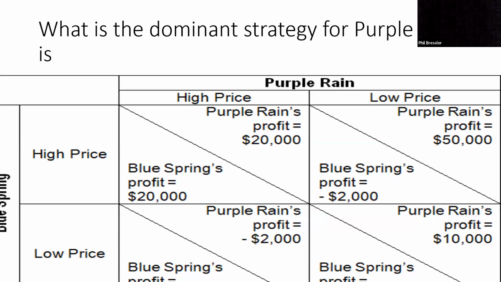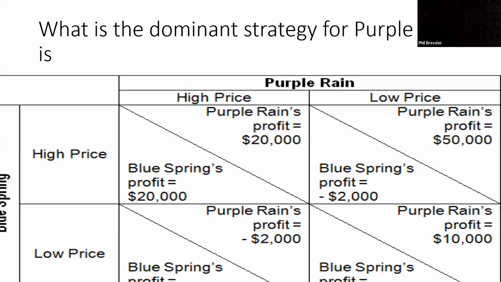Okay. Dominant strategy for Purple Rain is, what do you guys have? I got low, low, low, low. All right. Looks like everyone's going with low, which is good because that is the dominant strategy.